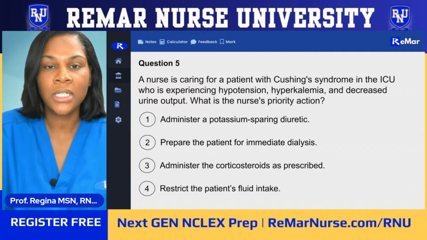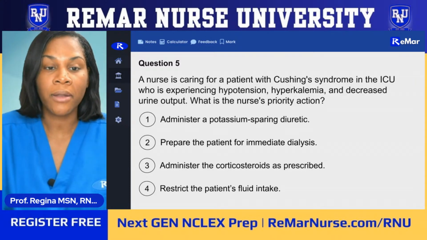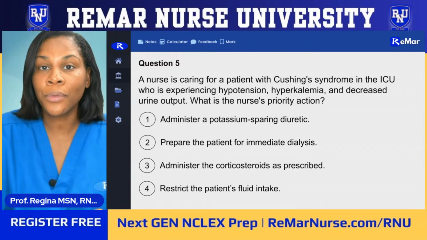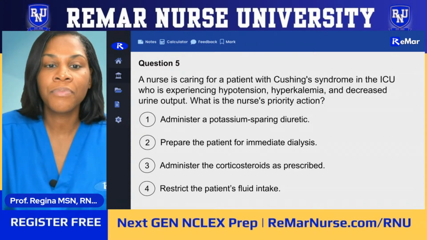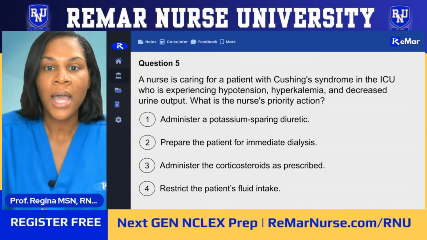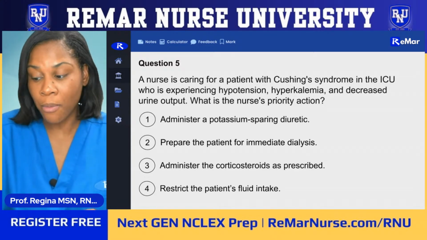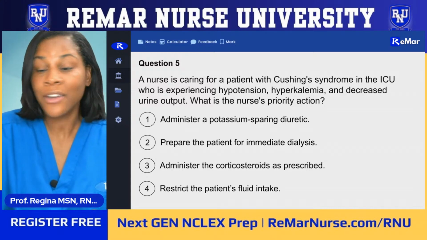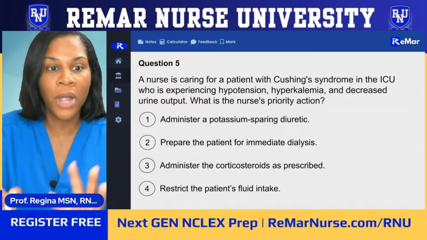My final question is this. Are we ready for it? A nurse is caring for a patient with Cushing syndrome in the ICU who is experiencing hypotension, hyperkalemia, and decreased urine output. What is the nurse's priority action?